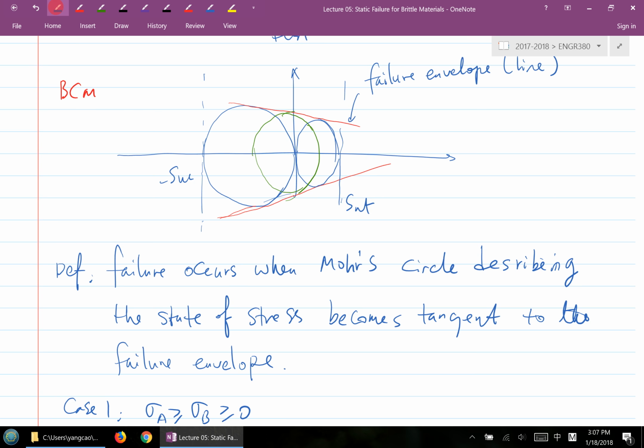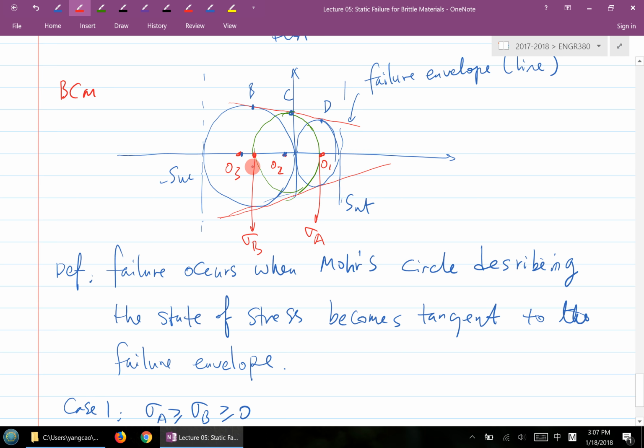For example, say this is tangent point B, this is tangent point D, and the green one becomes tangent here, call it tangent point C. You have a center for each circle, so there are 3 centers: O3, O2, O1. And the green one here, this side is your sigma B, and this side is sigma A. This green circle, sigma A and sigma B, represents the state of stress.